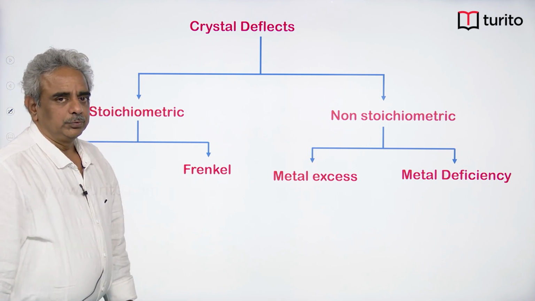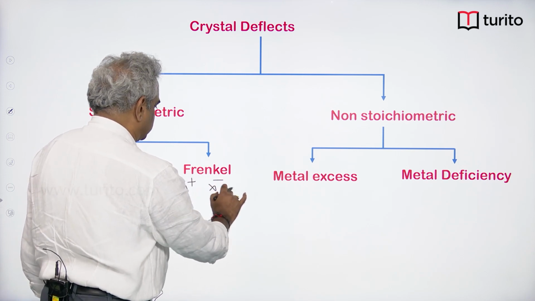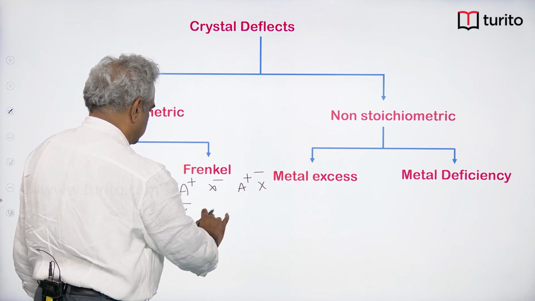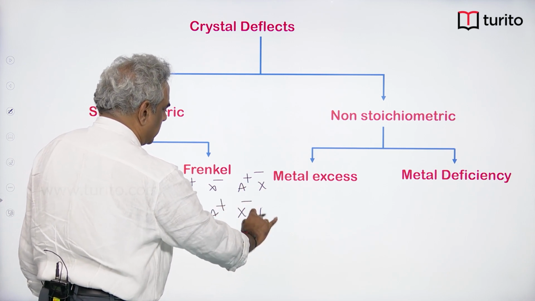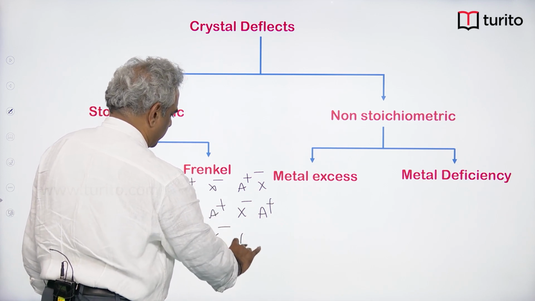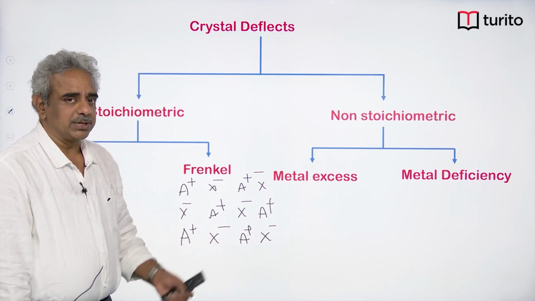Now, Frenkel. What do you mean by Frenkel defect? Suppose you have got A plus, X minus, A plus, X minus, X minus, A plus, X minus. This is the actual crystal, the ideal crystal.